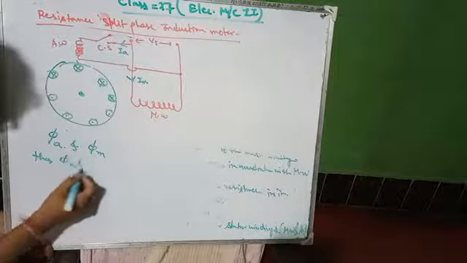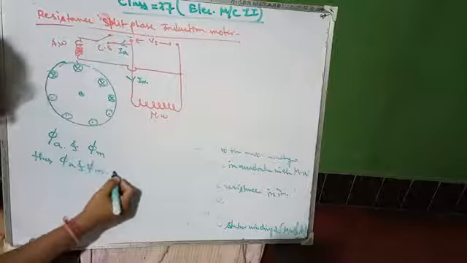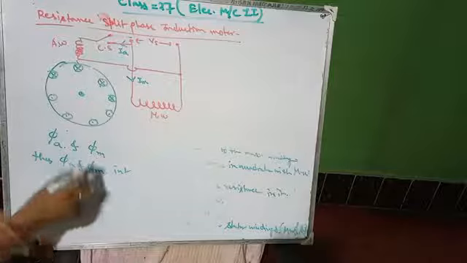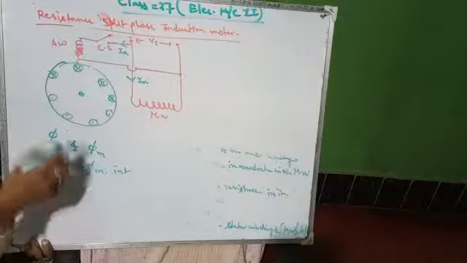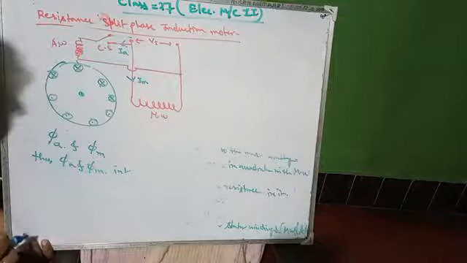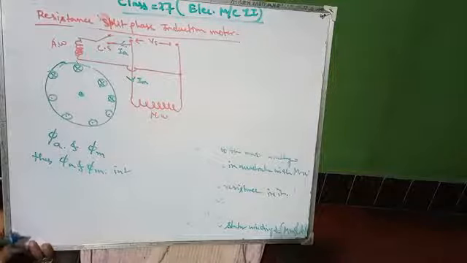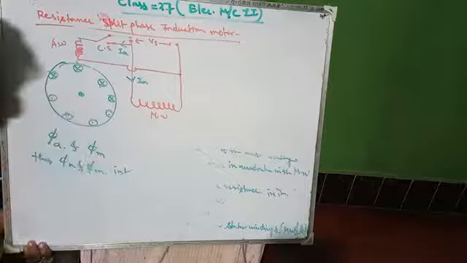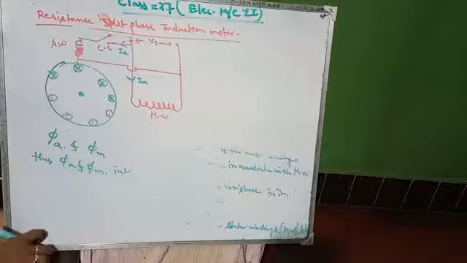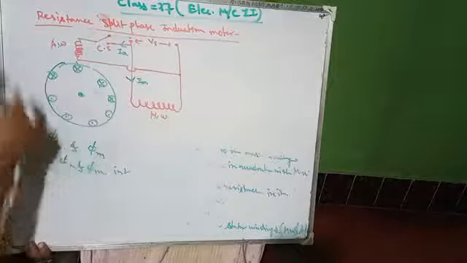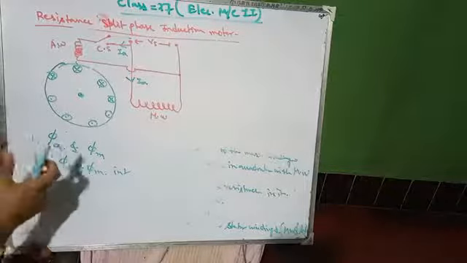Thus phi A and phi M interact with each other to produce a rotating magnetic field and act as a two-phase motor, right? By the induced rotating magnetic field inside the air gap, the rotor will start to rotate.